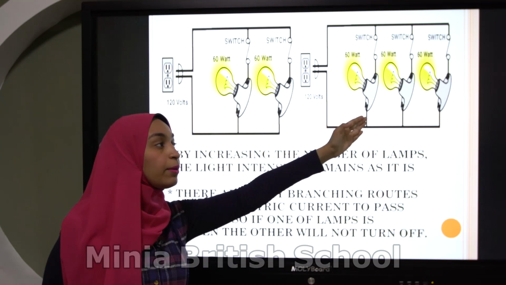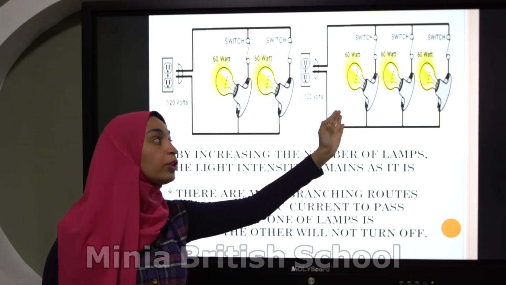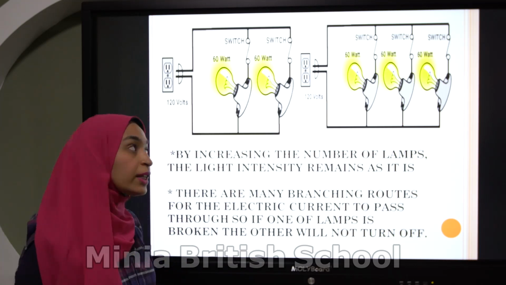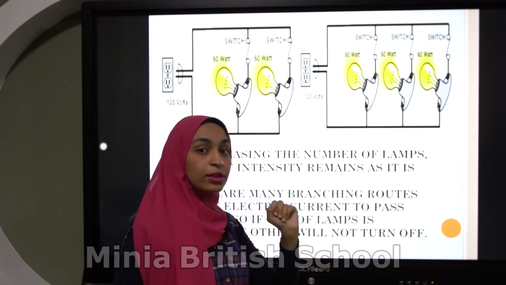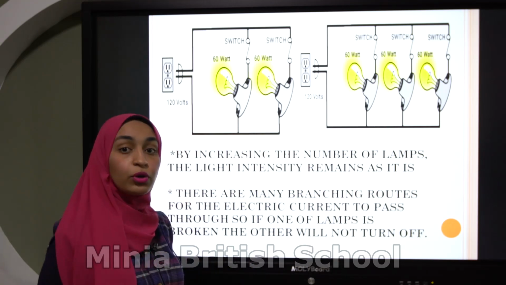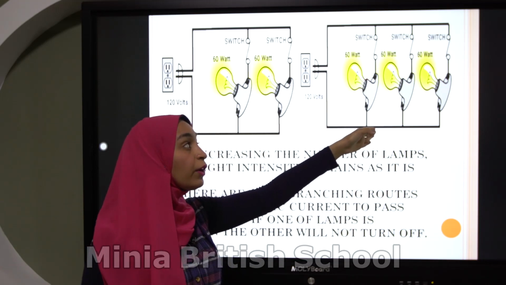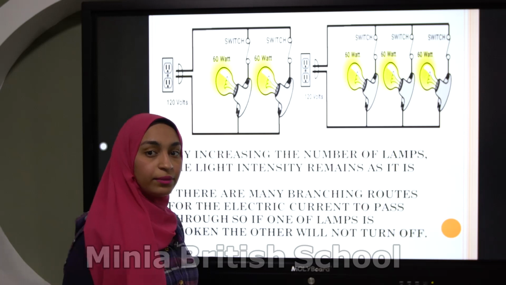If one of those lamps is broken down or is burned out, the other lamp will emit light. Why? Because we see it in a parallel connection, we have branching routes. So if one of those lamps is broken down or is burned out, the electric current can find another route to pass through it.